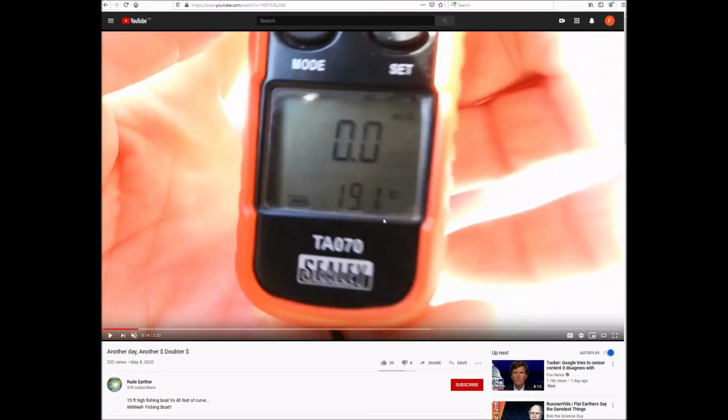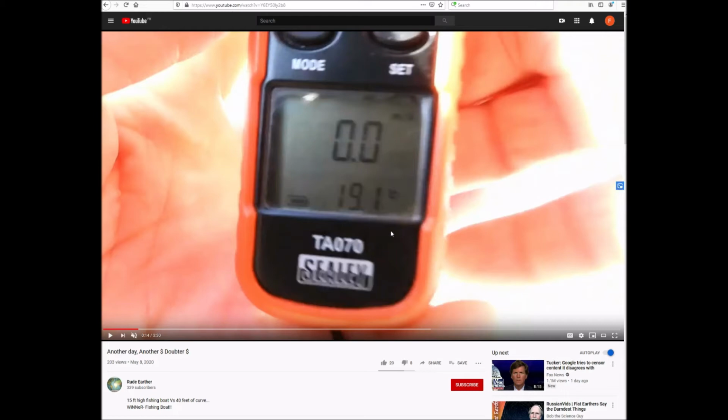In fact, refraction is a factor of differences in air temperature and consequently air density, with layers of air of different densities causing a lensing effect on light rays passing through them. So Rude Earther needs to be comparing the air temperature inches above the water with the air temperature at his eye level. A single temperature reading at eye level only provides a portion of the necessary data.